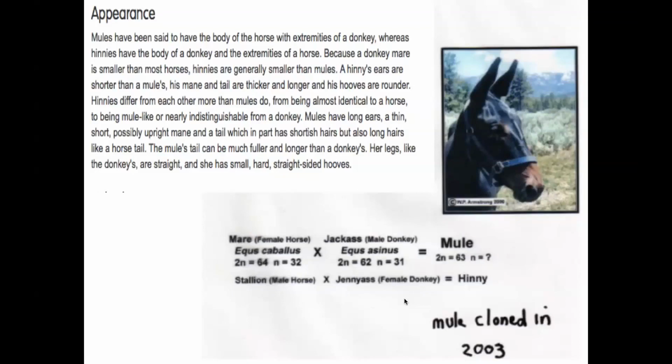You can read the narrative up here in terms of phenotypic differences that distinguish the mule from the hinny. There are differences in the ears, the way the mane forms, the tail, things like that. So why would there be these subtle differences?